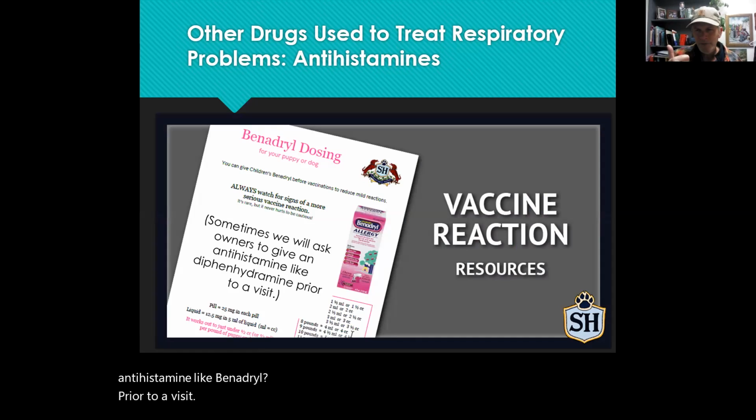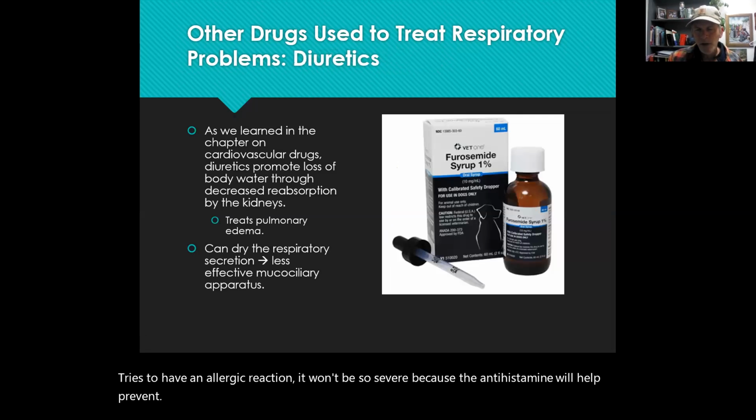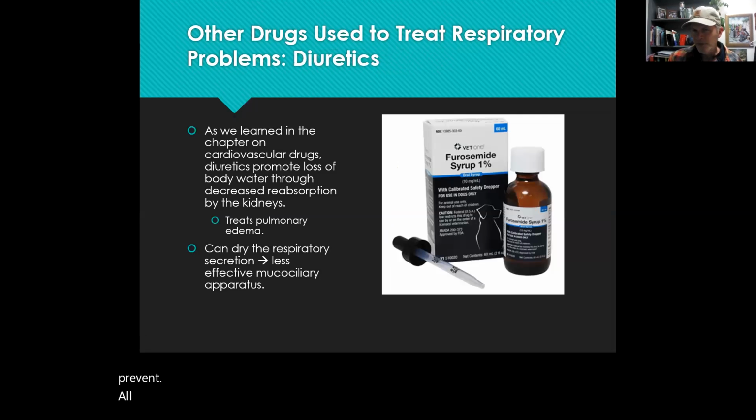That way, if the dog tries to have an allergic reaction, it won't be so severe because the antihistamine will help prevent all of the histamine's effects.